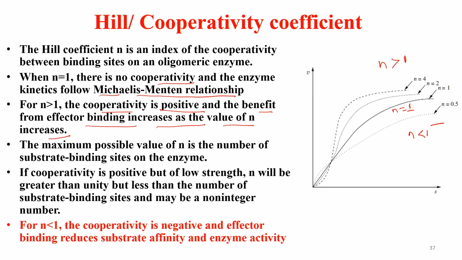And what will be the maximum value of n? The maximum value of n is the number of substrate binding sites on the enzyme. And third case, when n is less than 1, the cooperativity is negative and the effector binding reduces the substrate affinity and enzyme activity, meaning now it is acting as an inhibitor.